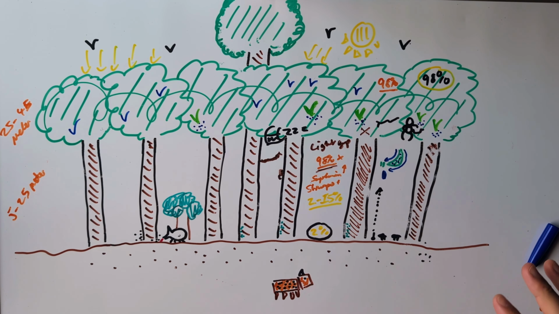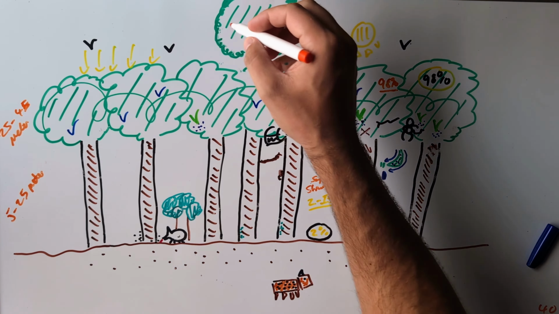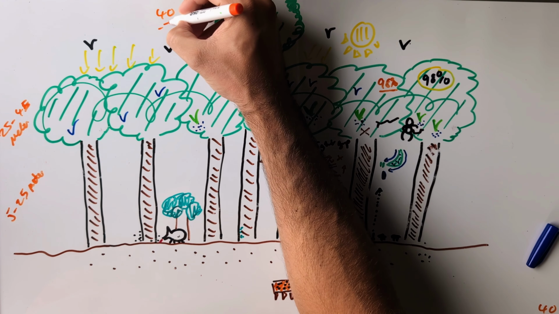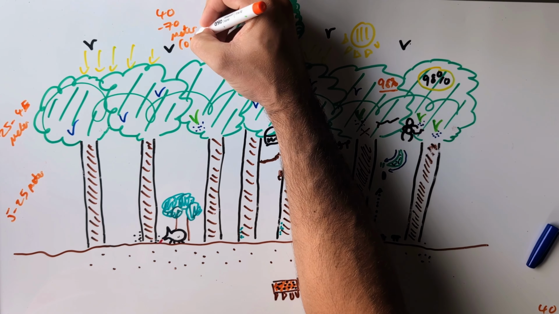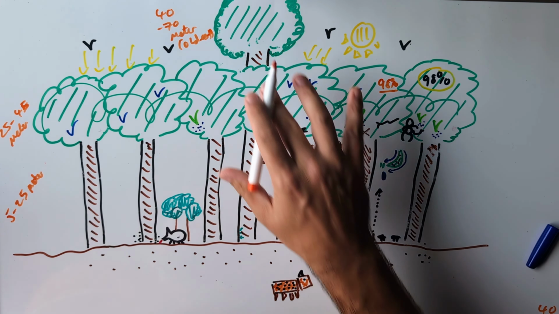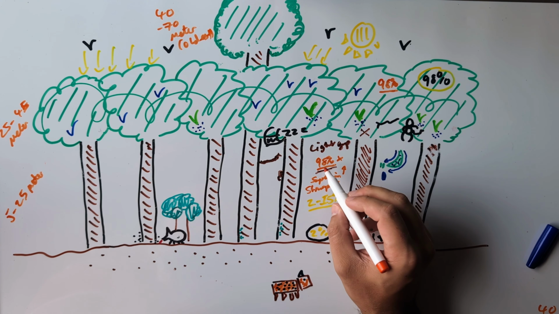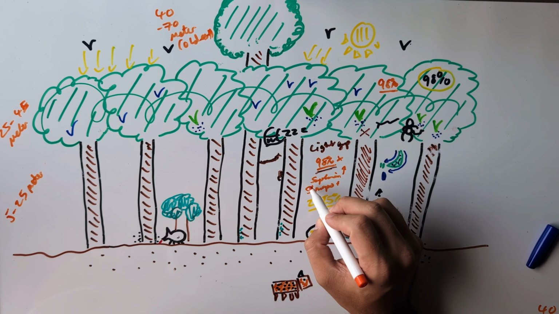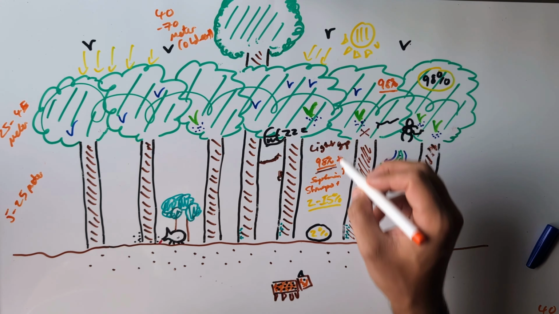Okay, the last layer is the emergent layer. These are our tallest trees. These trees are expected to be between 40 to 70 meters high. They are the oldest and most established trees, okay? These trees have won the evolutionary competition. If you think about it, only 2% of juvenile saplings make it to the canopy.